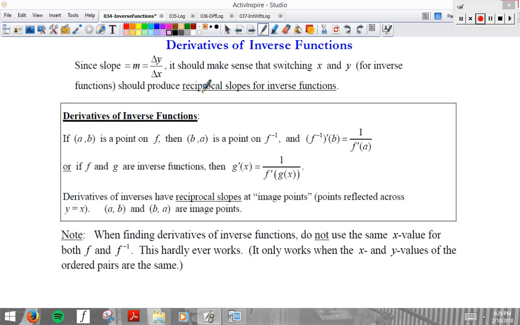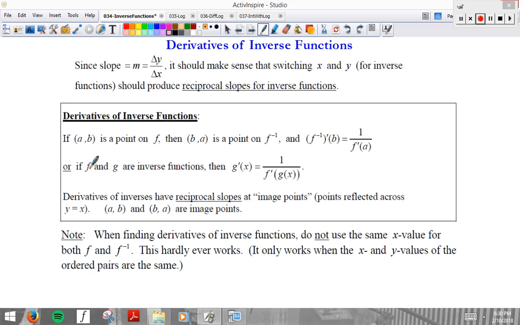So with one notation, if (a, b) is a point on f, then (b, a) is a point on f inverse, and f inverse prime at that x coordinate is 1 over f prime at that original x coordinate.